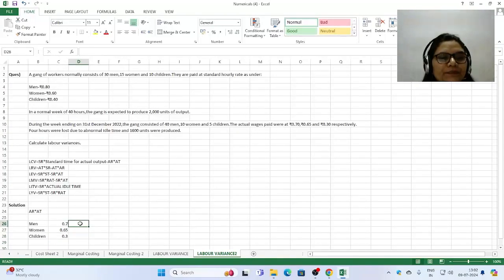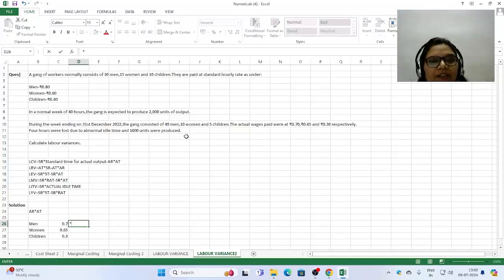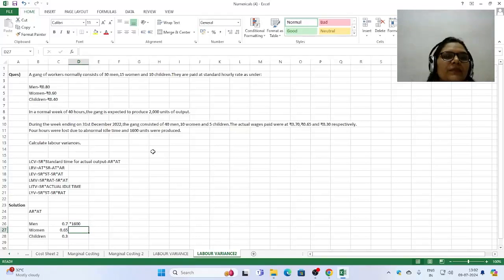Then actual time. Actual time is given to us, and we will calculate the actual time. See in the question, 40 hours were worked, and therefore actual time for men will be 40 into 40, 1600. Next will be 40 into 10, it will be 400. Next 40 into 5, it will be 200.